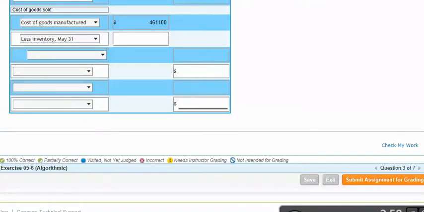I'm going to divide my total inventory here of 461,100 by 15,900. Okay, so 461,100 divided by 15,900. So that's $29 per unit under absorption costing. $29 per unit now times my ending inventory of 2,400 units is 69,000.